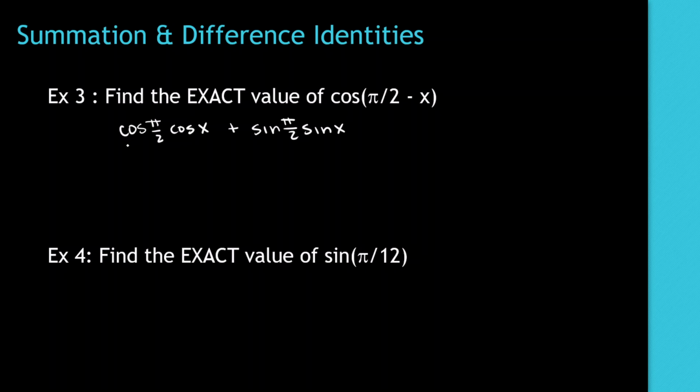Now cosine of pi halves is 0. Sine of pi halves is 1. Sorry, I just wrote that on the wrong piece. Let's fix that.